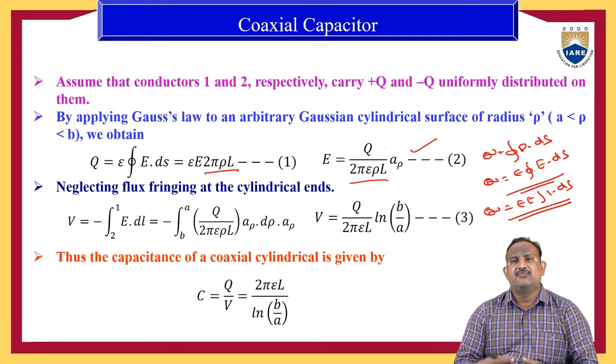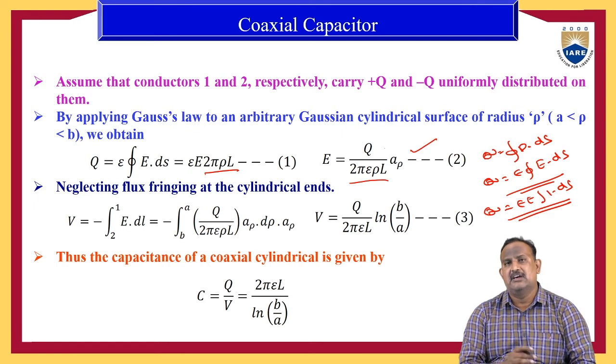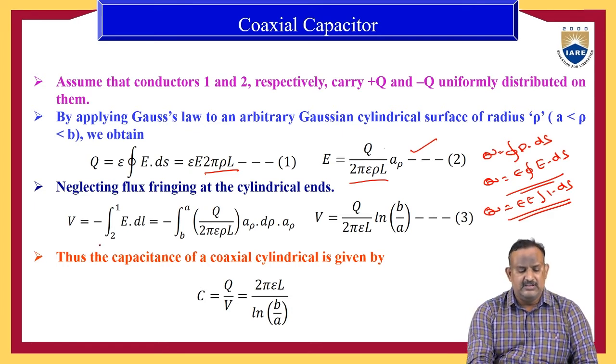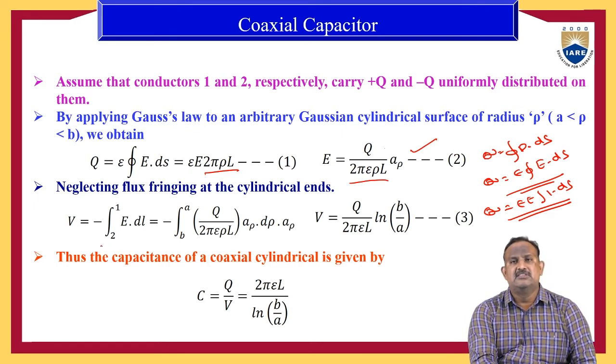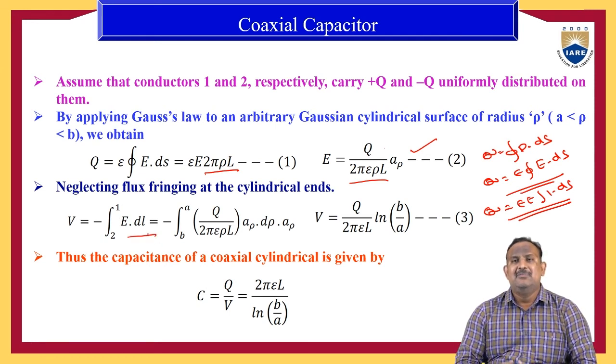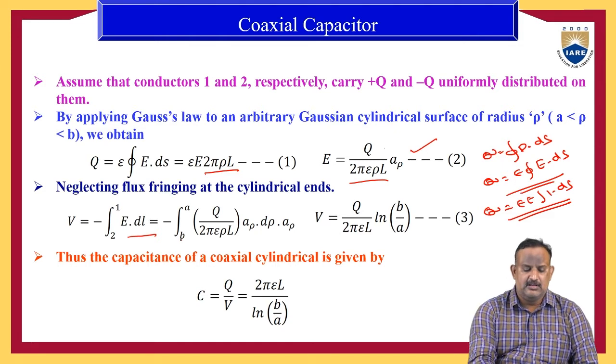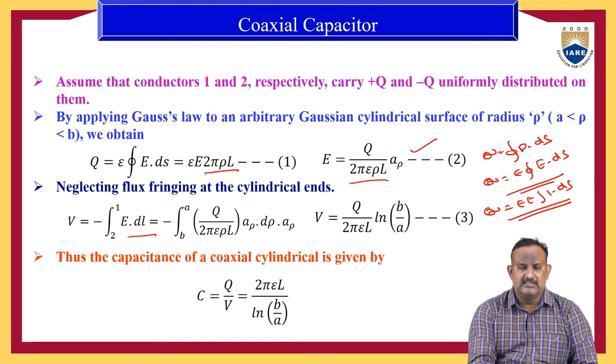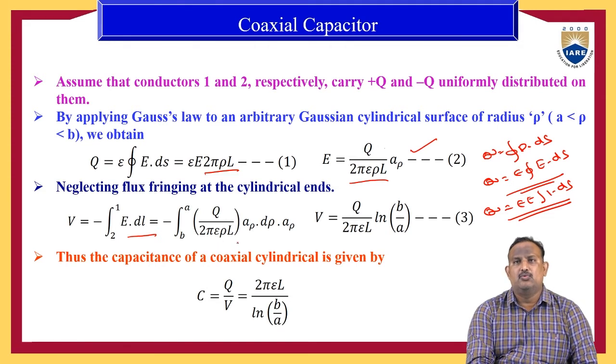Neglecting the fringing effect at the edges of the cylindrical surface, we can define the potential. Potential V is equal to minus integral from 2 to 1 of E dot dl, where the limits are from b to a. Therefore, minus integral from b to a of Q by 2 pi epsilon rho L a rho dot d rho a rho.